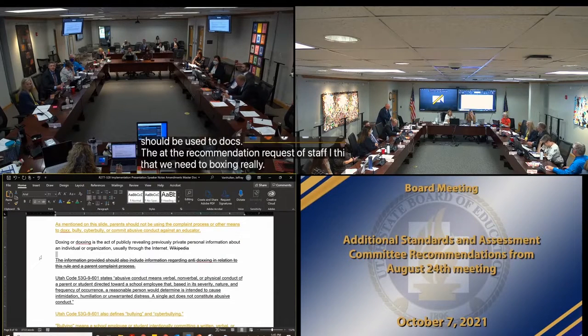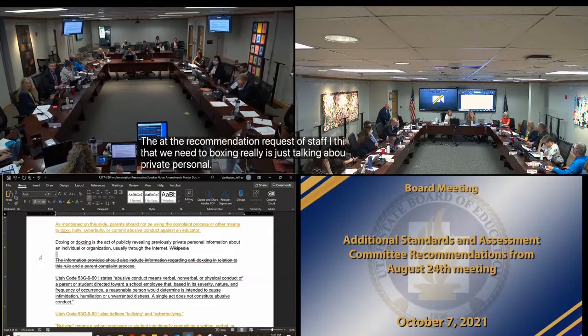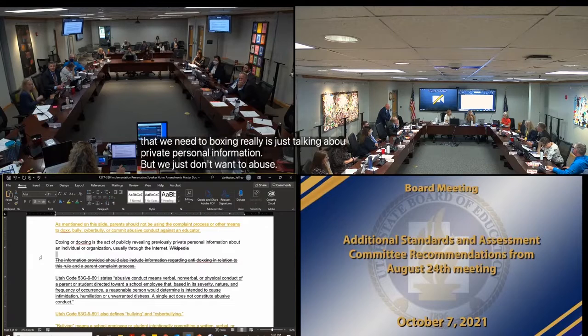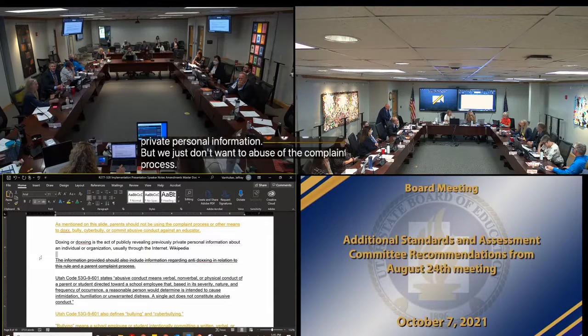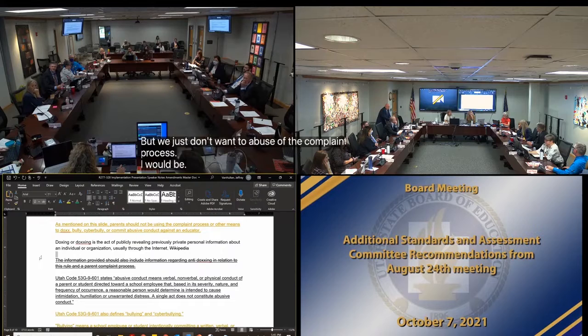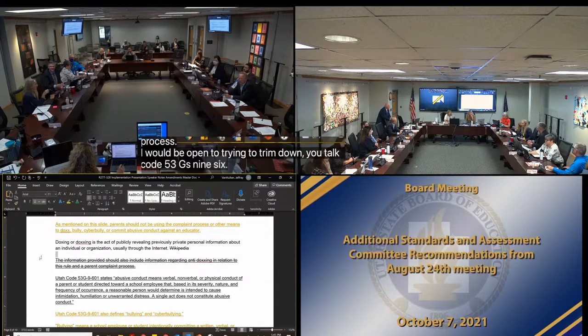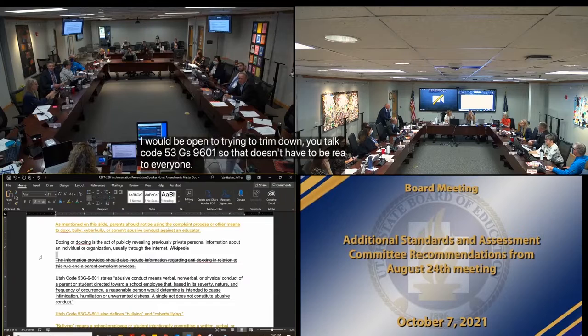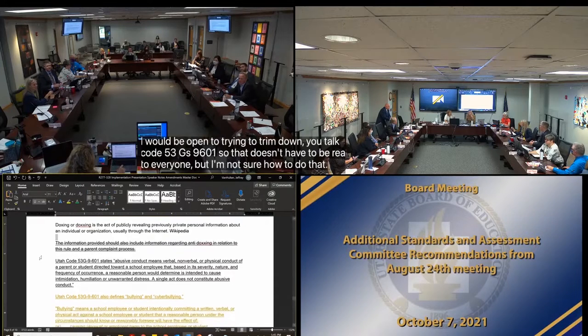Doxing really is just talking about private personal information. We just don't want abuse of the complaint process. And I would be open to trying to trim down Utah Code 53G-9-601 so that it doesn't have to be read to everyone, but I'm not sure how to do that. Could just reference it, maybe.